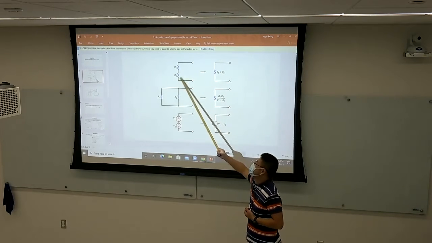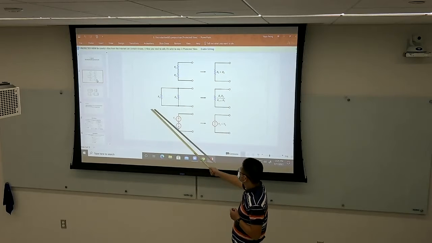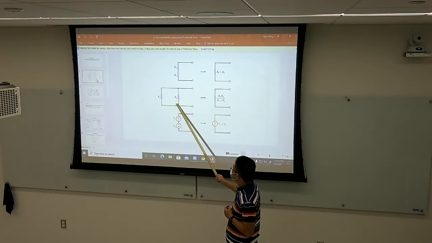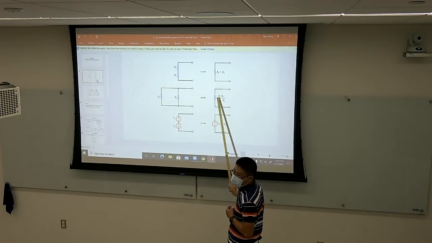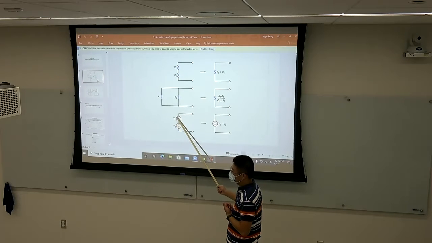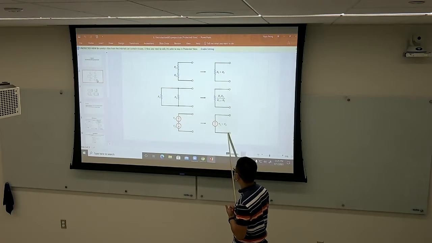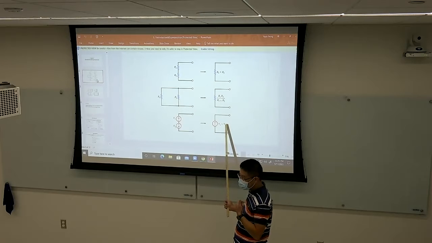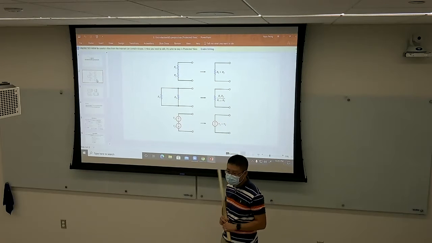This simplifies the circuit. And for two resistors in parallel, we can also obtain the equivalent resistance. For two voltage sources in series, we can get the equivalent voltage source.